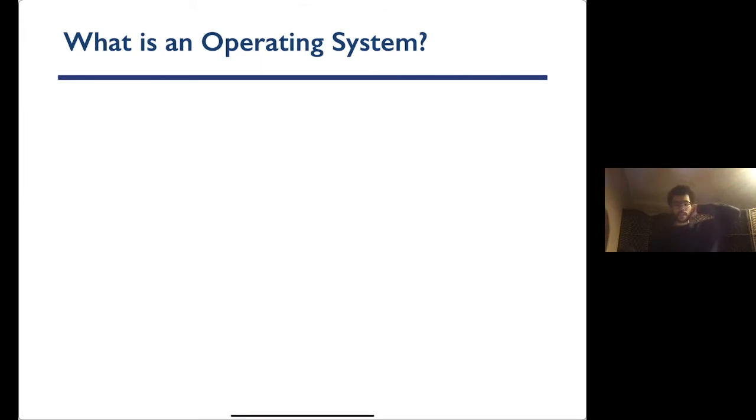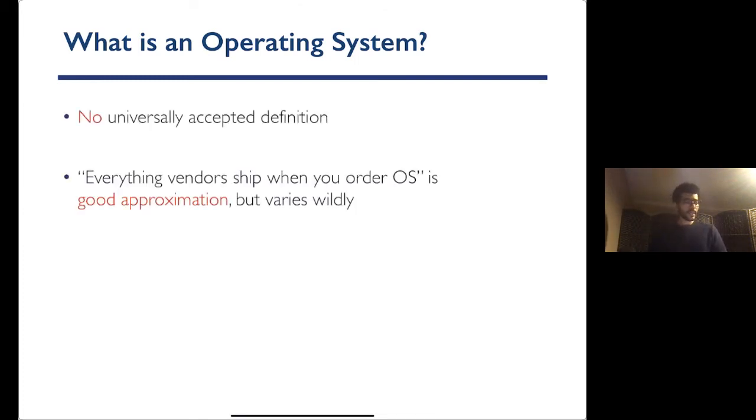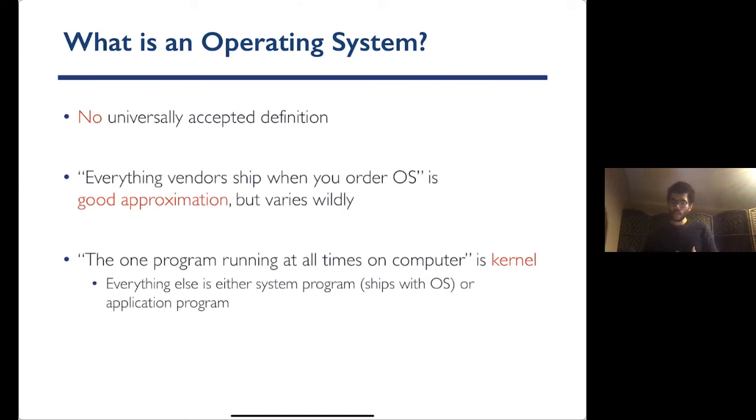Okay, now that we saw what real-time systems are, let's talk about what an operating system is. So in reality, there is really no universal definition of an operating system.